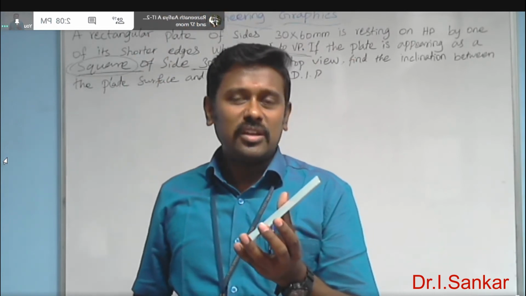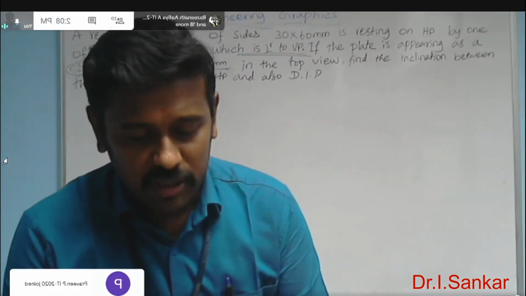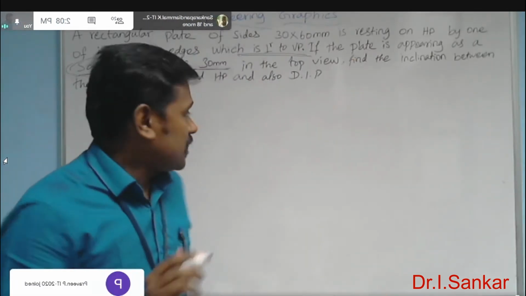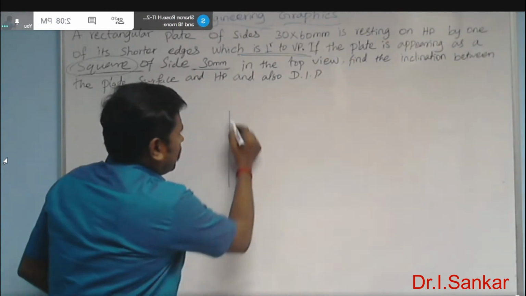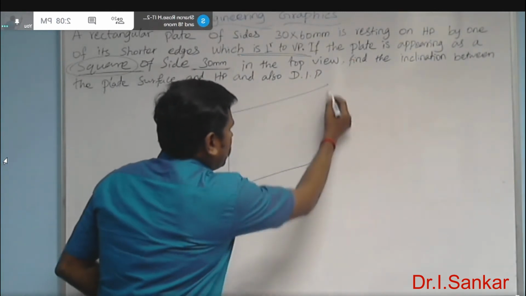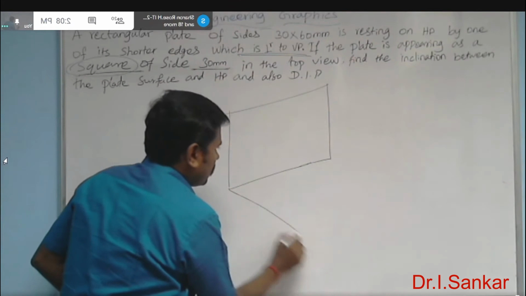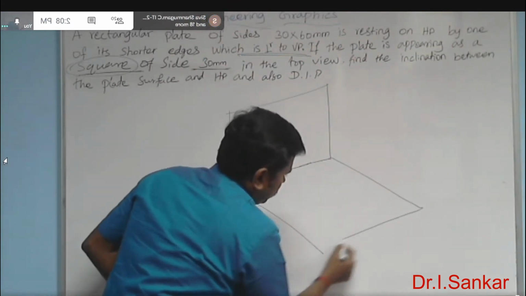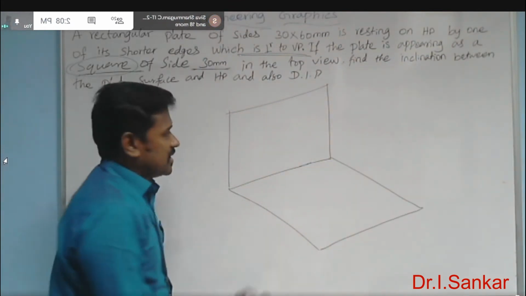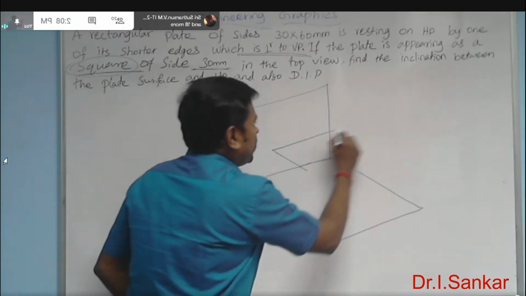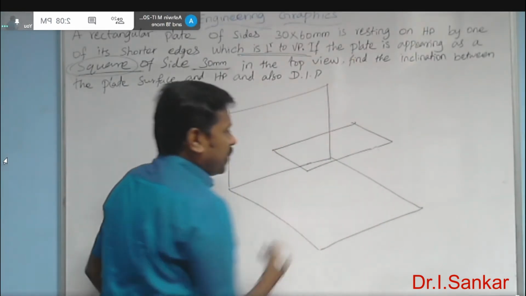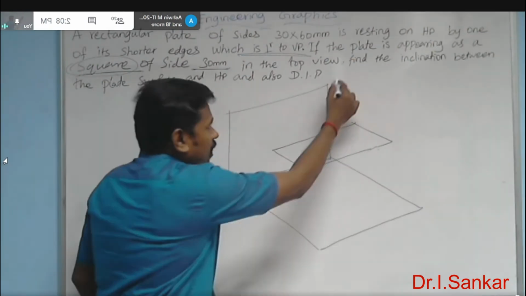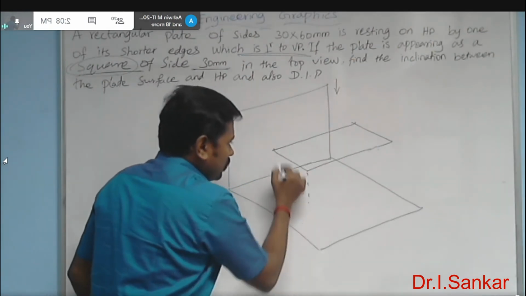Before getting close to that concept, first I want to clear one thing to you. From the scratch we can discuss. Consider a rectangular plate parallel to HP, then what will you see in the top view?